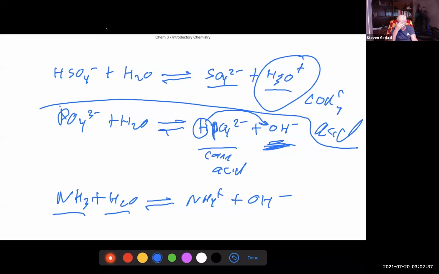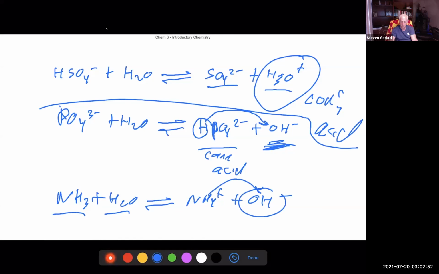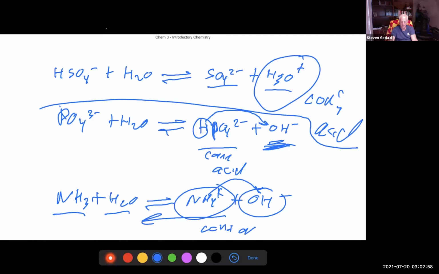Which one gives up a proton, loses a hydrogen? OH minus accepts a proton. One of the protons goes here to form water. Then we get the backwards reaction. So this is your conjugate acid, and this is your conjugate base.